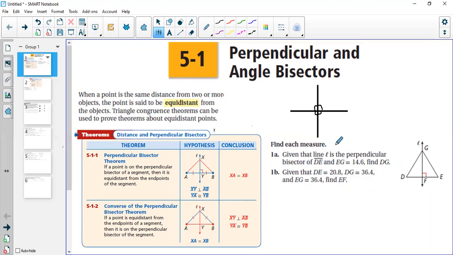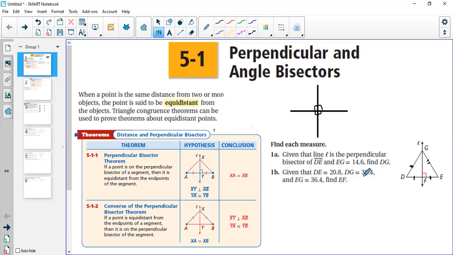So let's get started with this example. Given that line L is the perpendicular bisector of DE, that means the distance from D to F and F to E is equal, and the distance from D to G and E to G are equal. This is what the perpendicular bisector theorem says. So you now know very well what you need to do.